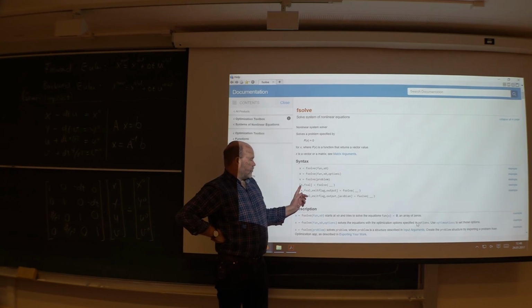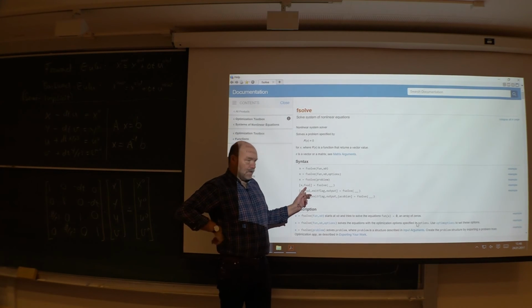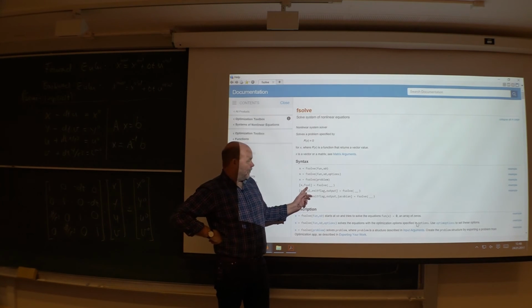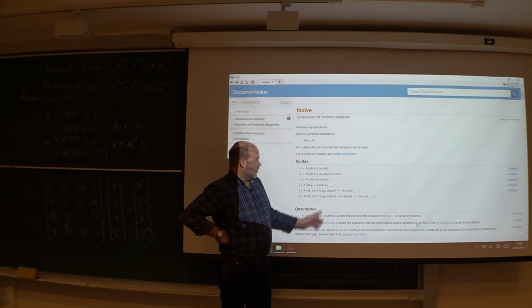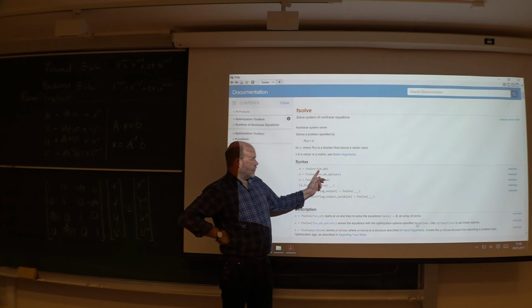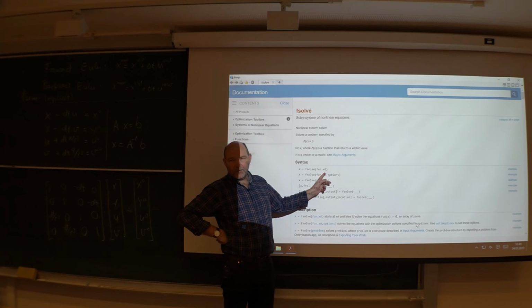It returns the x. It returns fval, that is the evaluation of all your equations. Here everybody should be 0 if you had found a solution. Calling fsolve, it needs a function, and here it needs a guessing point.